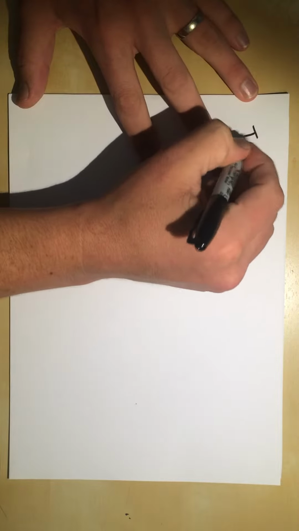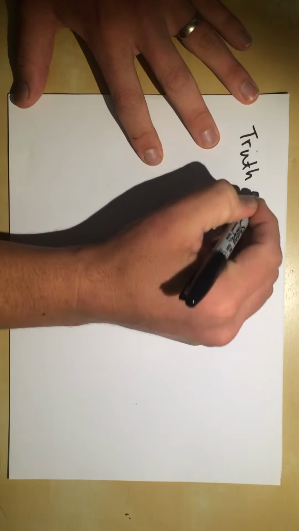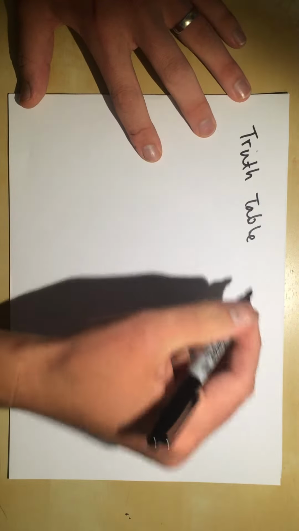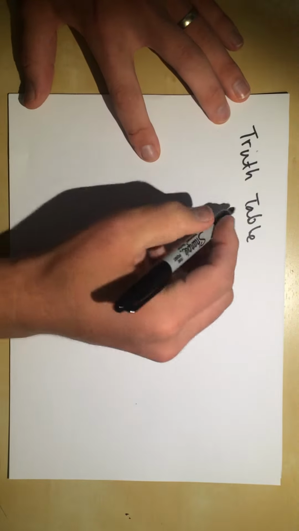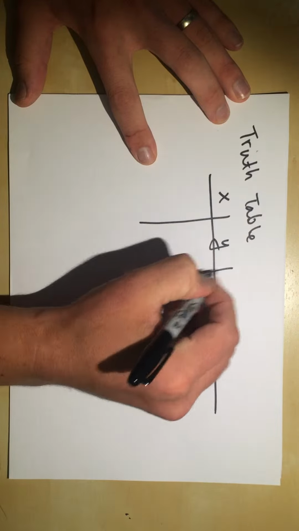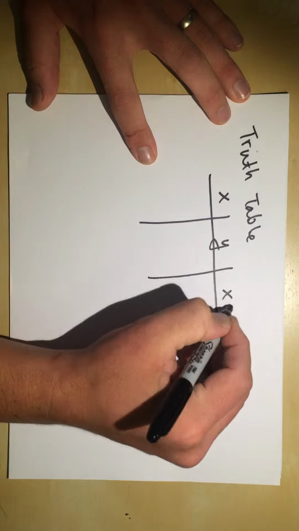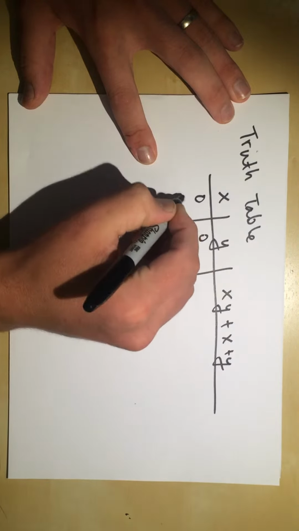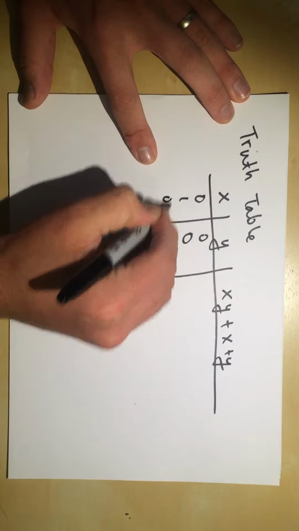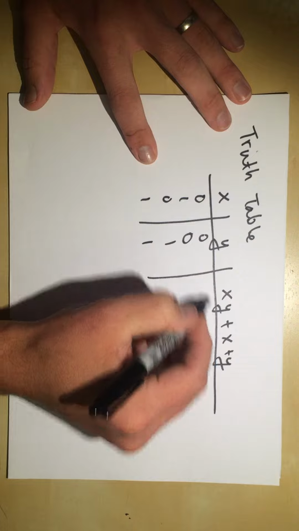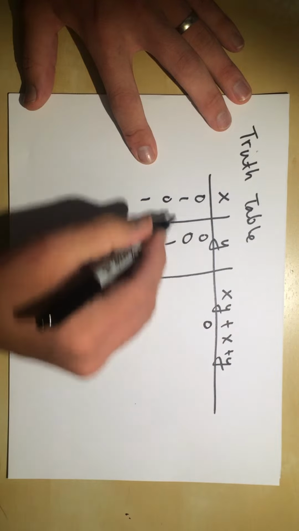So what we'll do is we're going to check the truth table for x or y. We'll make a table here, x, y, and then we'll do this expression xy plus x plus y, and then we'll plug in everything: 0, 0, 0, 1, 1, 0, 1, 1. Okay, so the first row is 0 everywhere.